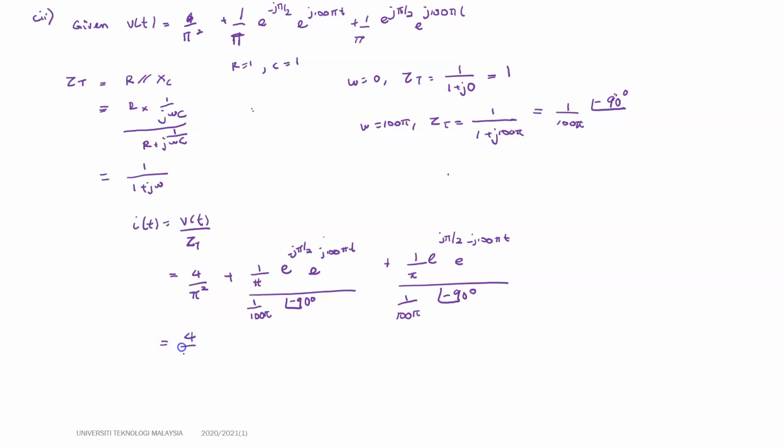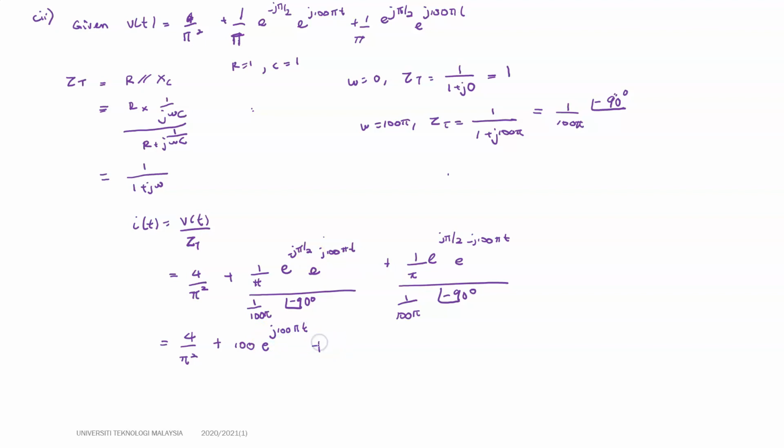This is what I obtained, plus this one is 100, and because this is negative pi over 2, you can actually add together the phase. So negative pi over 2, when this negative 90 degrees you bring to the numerator, it becomes positive 90. So negative 90 plus positive 90 becomes 0. So this part has been cancelled, so only exponent j 100 pi t.